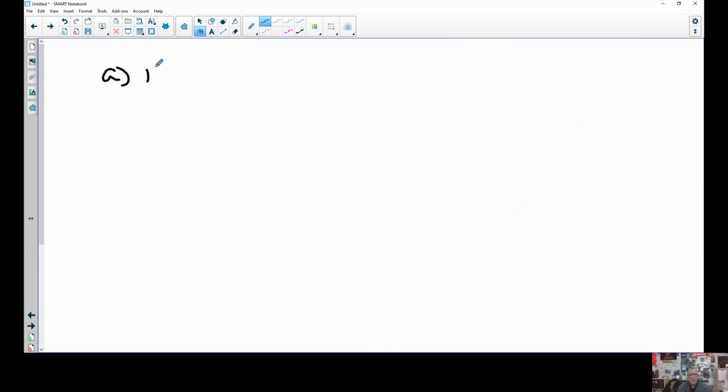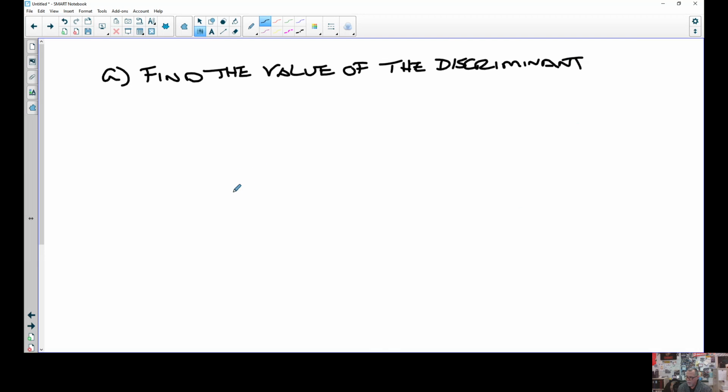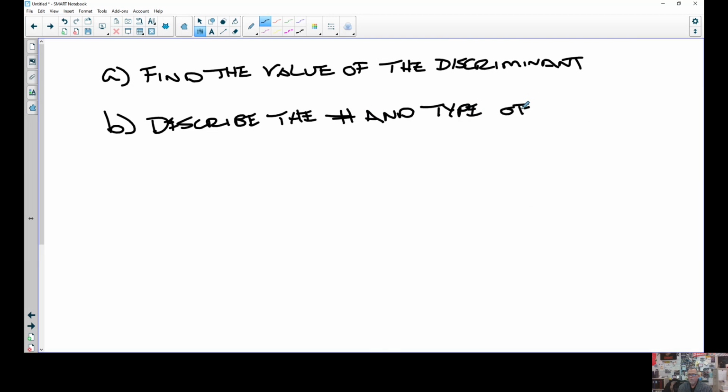They're going to say, part A, find the value of the discriminant. Then they're going to say, describe the number and type of roots.